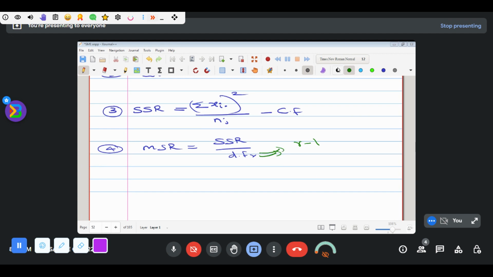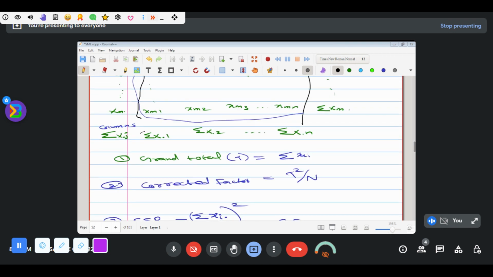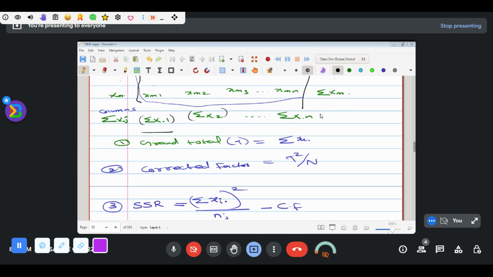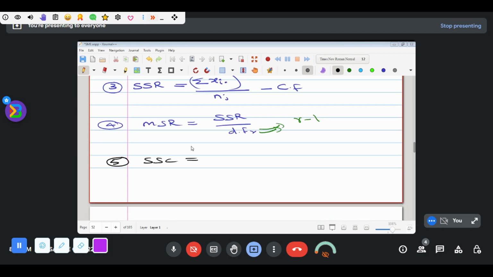The same idea applies to the column-wise calculation. The fifth one is SSC. For SSC, you find the sum of the separate squares of the corresponding column data. Therefore I put the formula: summation of x dot j, whole squared, divided by mi, minus the corrected factor.